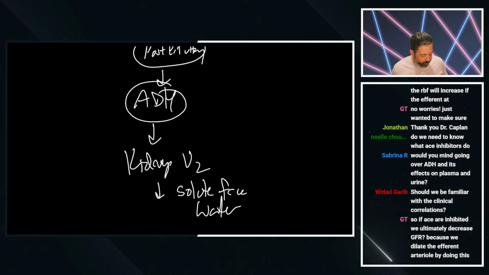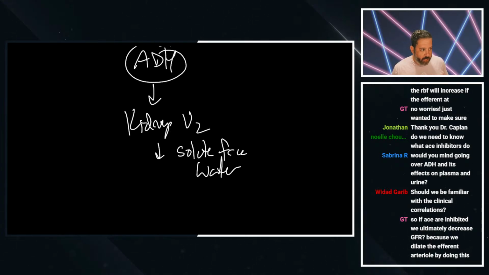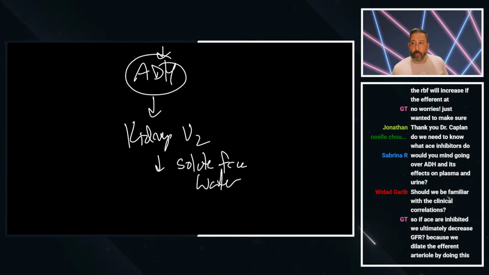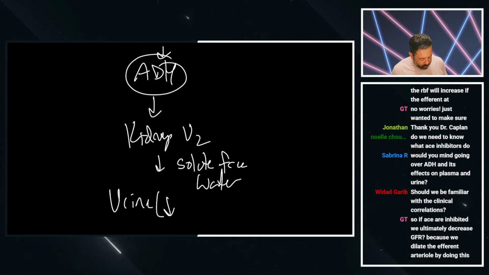We don't have very much water in the blood. We have to pull it back out of the urine. So therefore, decreased volume of urine. We're not going to produce a lot of urine because we need to reabsorb that water because we are dehydrated.